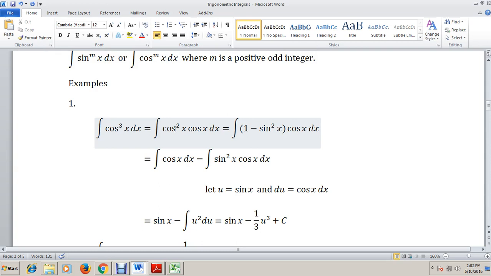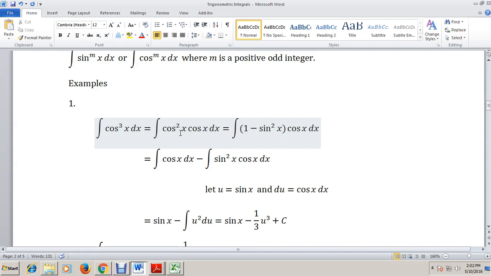Of course, when you separate cosine cube x into two factors, in which one of them is the base, what you need to do with the other factor is simply one degree lower. So if you have cube here, the factor should be separated into cosine square x and cosine x.